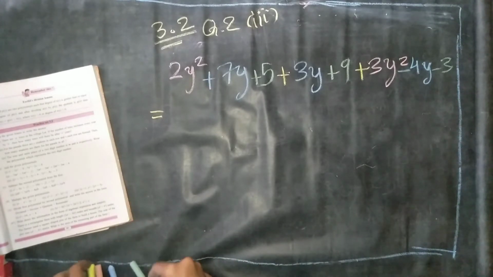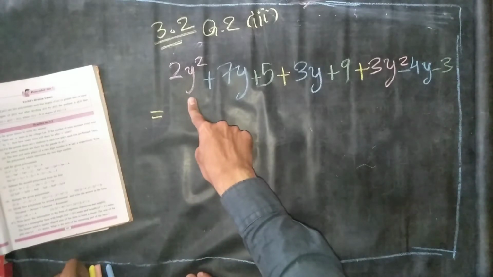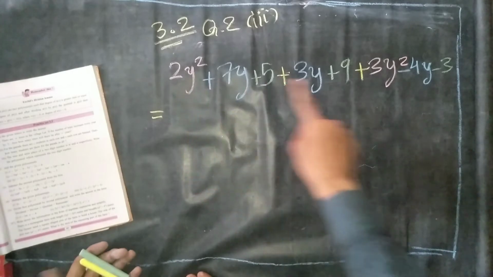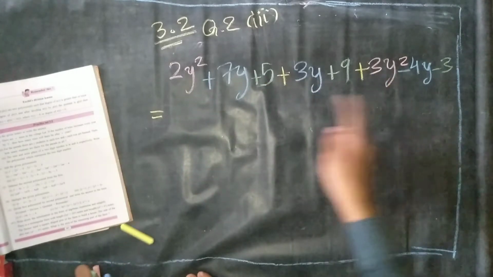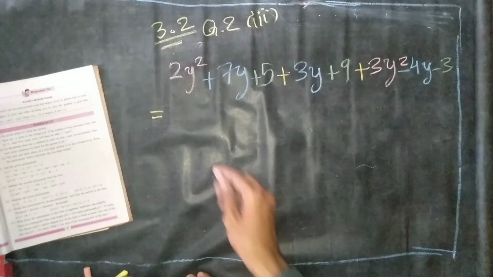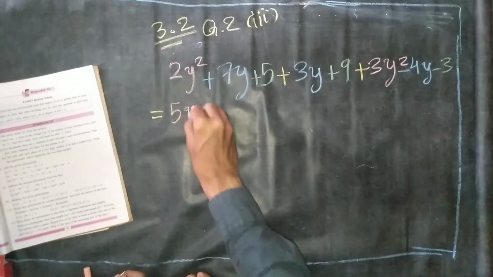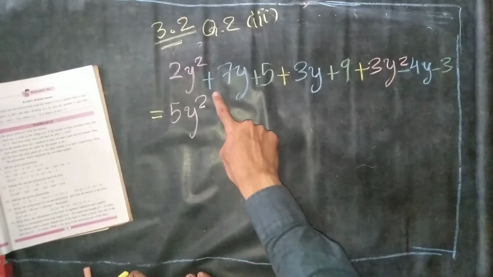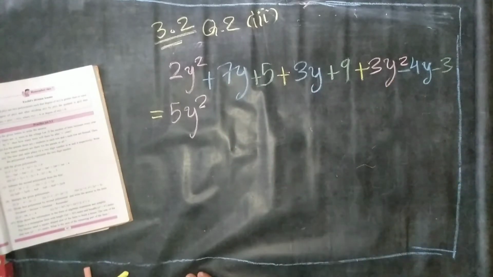There is a term which has power 2. How many terms are there? 1 and 2. So I'm supposed to do the operation on these 2. There is 2y square, 3y square. How many y squares are there then? 5y square. After y square, I will go with the terms which have y in them. There is 1, 2, 3. Let's do it.